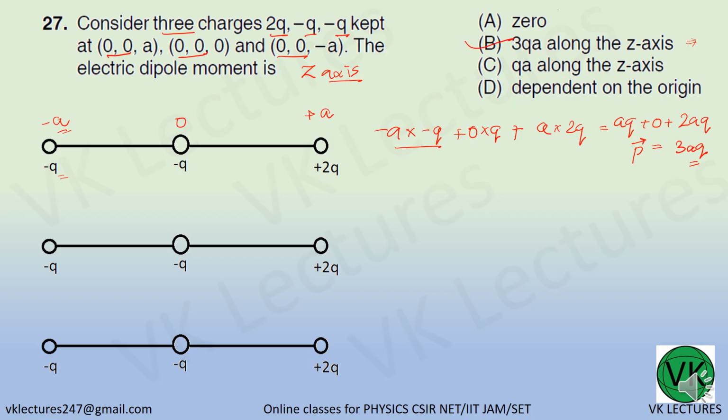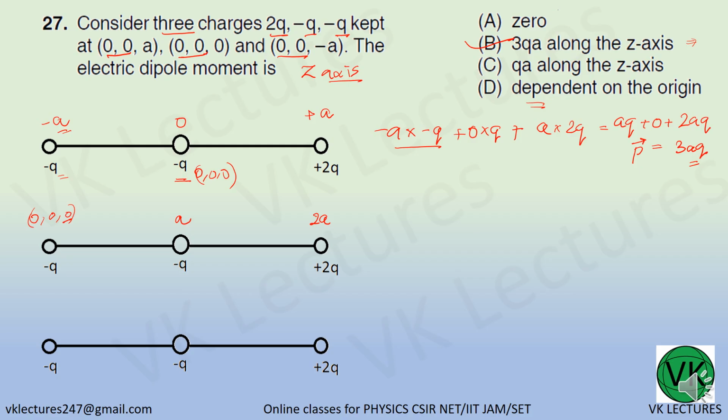Now let us check whether it depends on the origin. Here we have taken this minus q at the origin, that is 0, 0, 0. Now I am placing this at the origin 0, 0, 0. If this is 0, this is at a distance a, so this would be a, and this would be 2a.